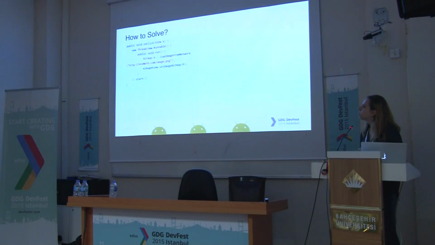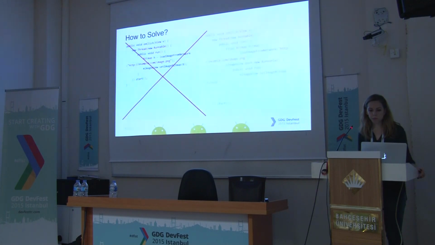As you see in this sample code, yes, there is another thread, a worker thread. It loads images, but this is wrong because the update of the image view is not done on this worker thread. So what can we do?